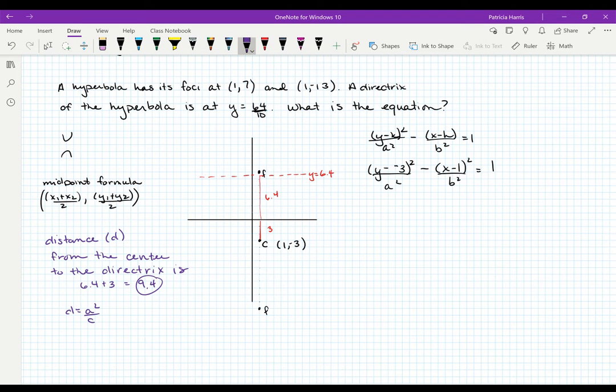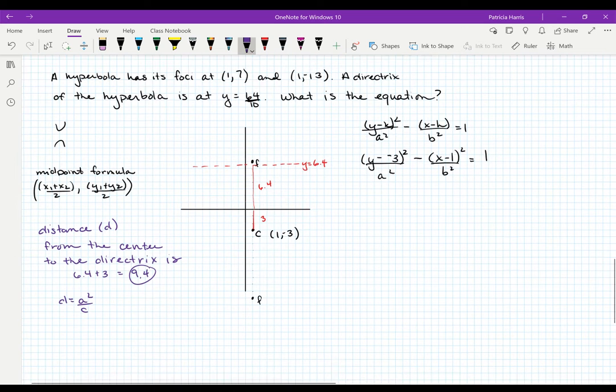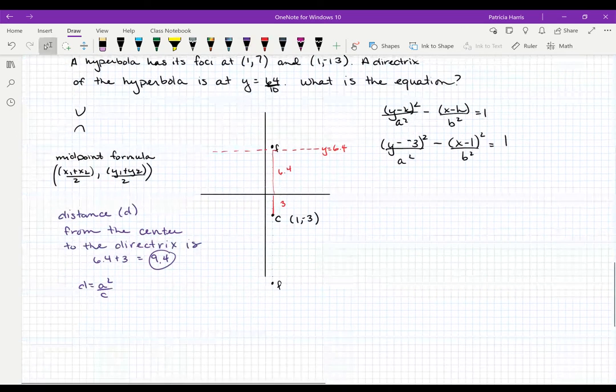Now remember that D is equal to A squared over C. How are we going to use that to our advantage? Well, do we have A squared or do we have C? I think we have C, right? Because remember, C is the distance from the center to the focus.